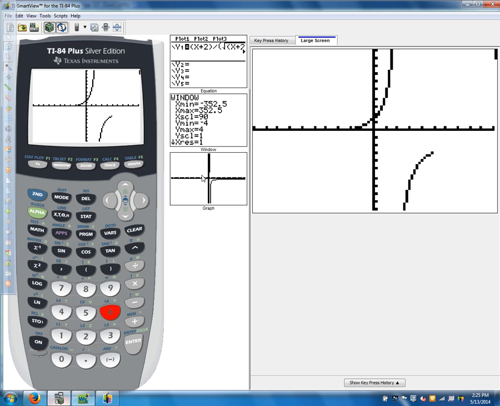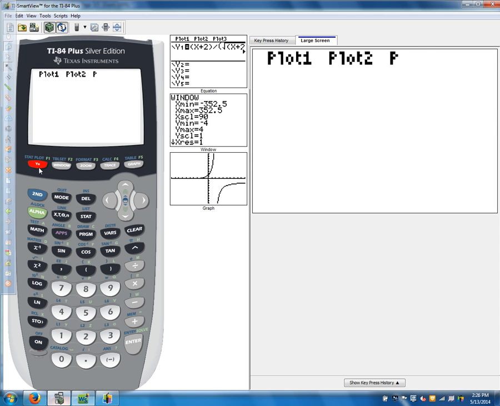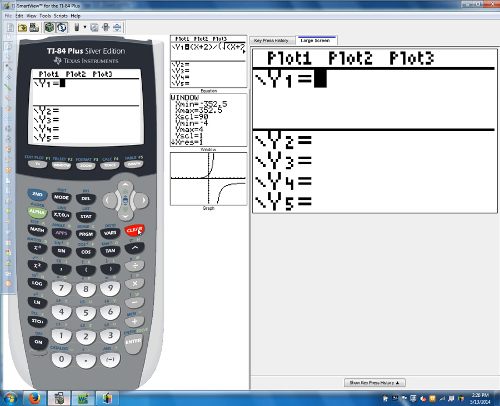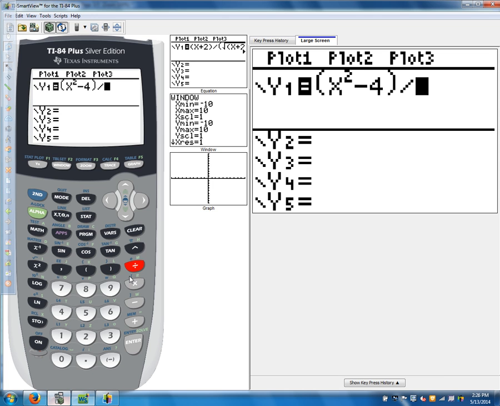So if we're looking at a graph, the idea is like we had on our last one. So let's just go back to our last example, just so we can look at this. So we have x squared minus 4, and we're dividing that by x minus 2. So this is just our same example, and we're going to graph this.